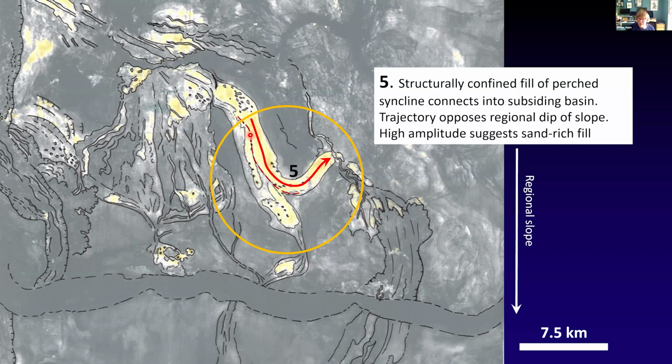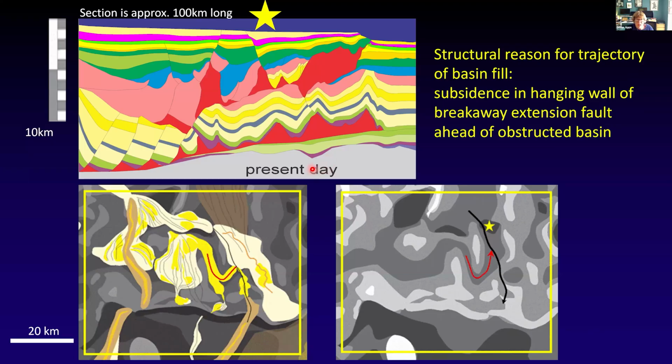So why is this trend hooking round and opposing the slope? Well, what we have is a structural reason for the trajectory of that basin fill.